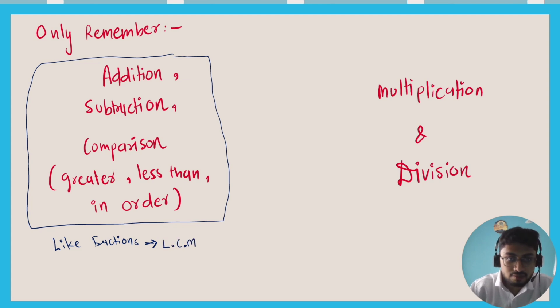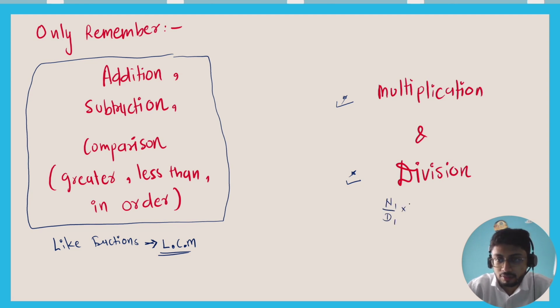Now, LCM means lowest common multiple. But for multiplication and division, you don't want anything. Not LCM, not HCF, anything. You just have to do numerator 1, denominator 1, numerator 2, denominator 2. Just multiplication of numerator to numerator, denominator to denominator. In division there will be a change.